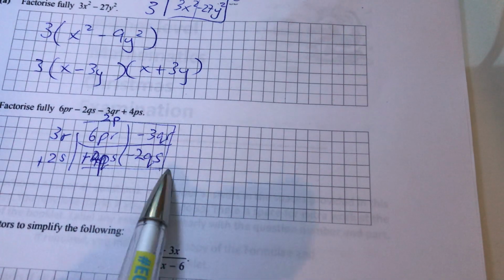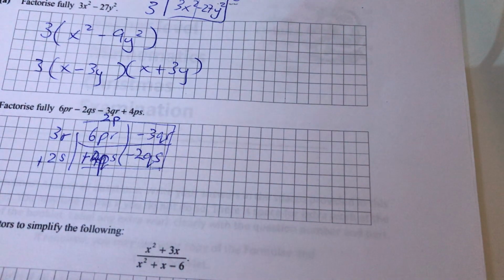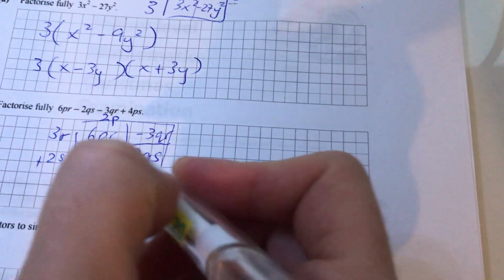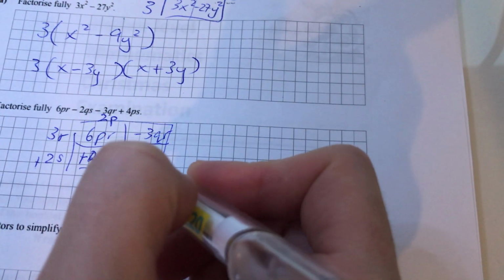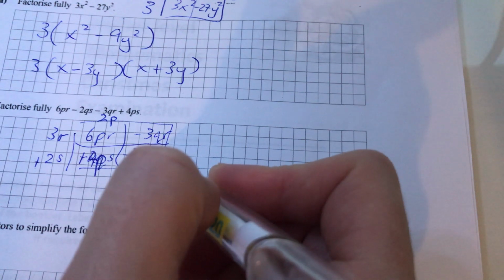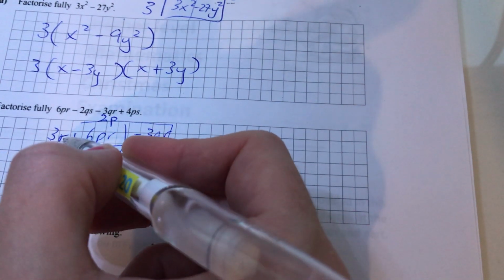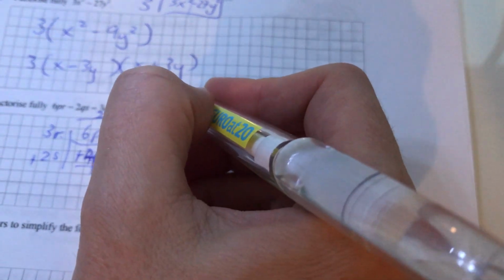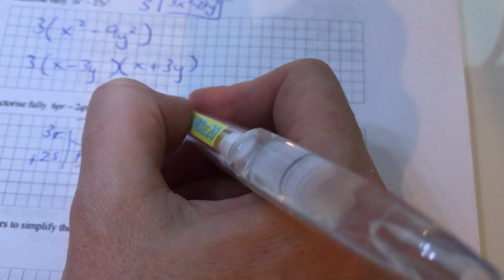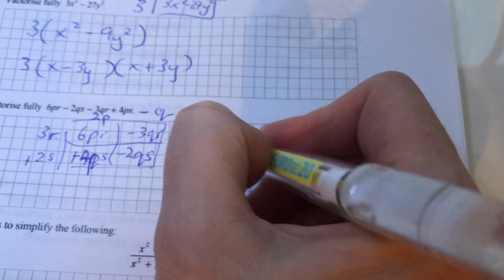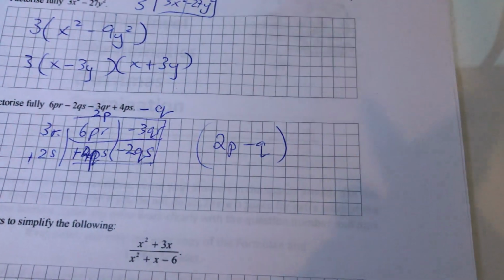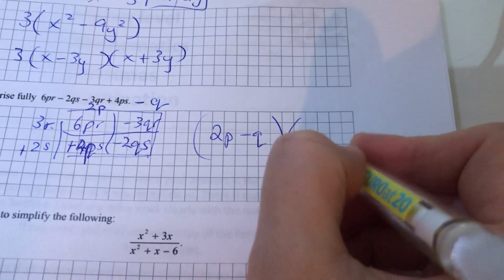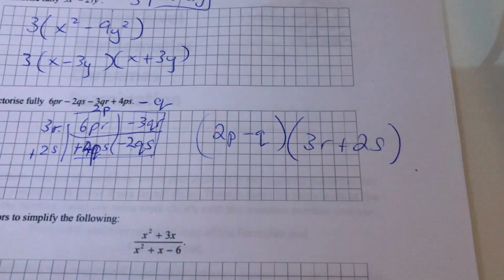If there's a 2s here, then we have 2s, and we have 3r here, so we have a minus q, and I think that should be okay. 2p minus q is one factor, and 3r plus 2s is the other.